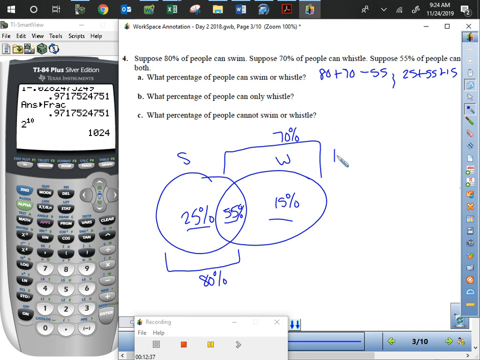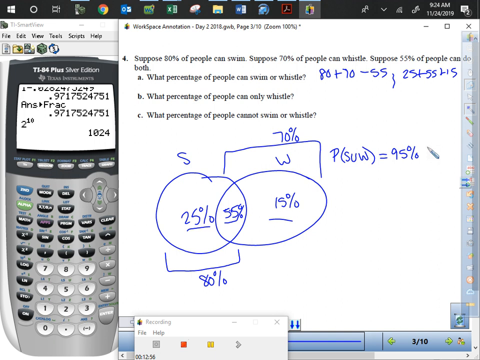But we're finding the percentage of people who can swim or whistle. Let's use our correct symbols here so we can get an idea of what this means. Swim or whistle is the union. And we just have to add those up. So 95% of people can do one or the other. Doesn't mean they can do both. We know that is 55%.